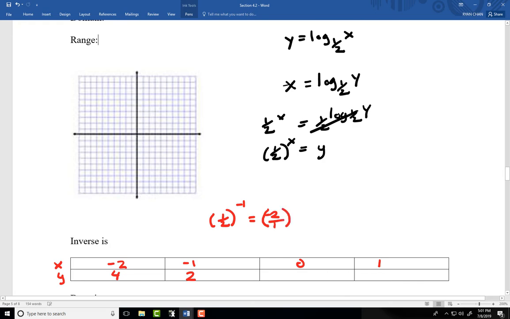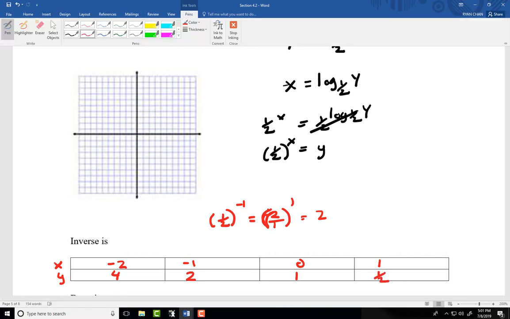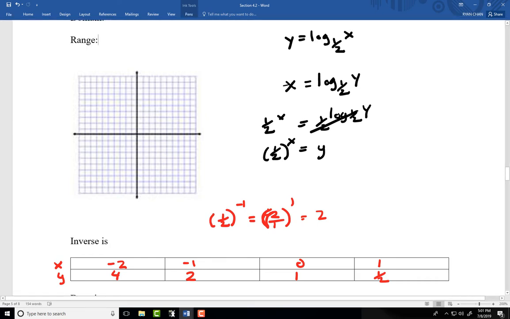We're following. 1/2 to the 0 is 1, and then 1/2 to the 1 is 1/2, right? So if I graph this here, sorry, let's make this a little bit tinier. It will look like the following.